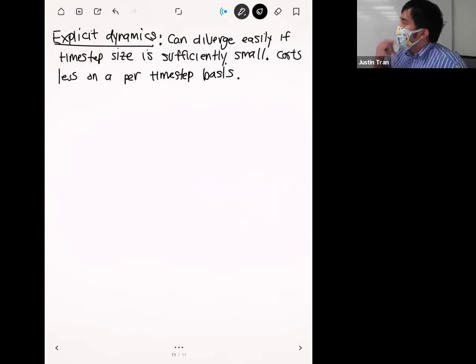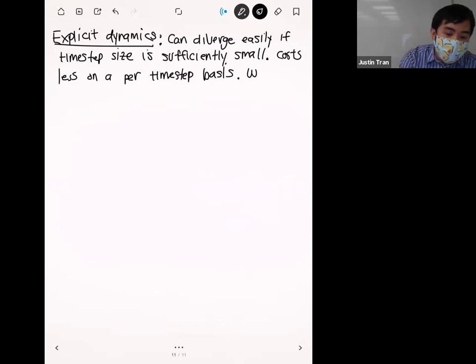And so explicit dynamics works really well for situations where you would want to use a small time step anyway. Question. So what do I mean by less cost? It just takes less time to simulate, right? And so let's say that you're running a dynamic simulation with explicit dynamics. Per time step, it might take maybe on the order of, let's say, 1 minute to solve each time step.